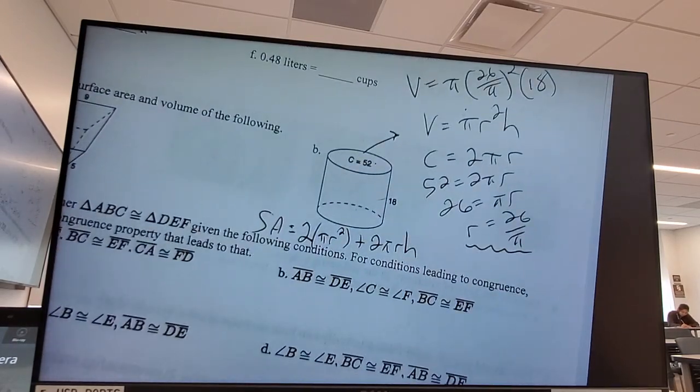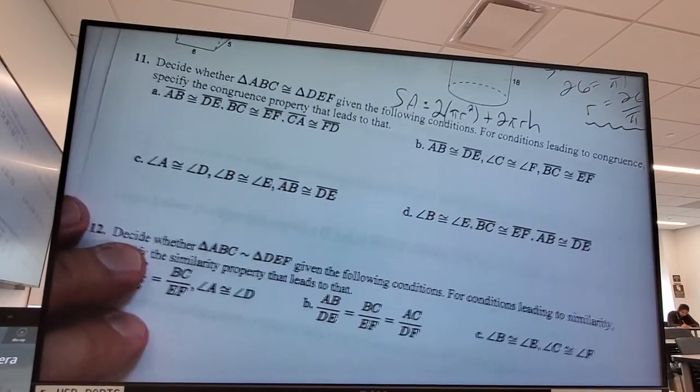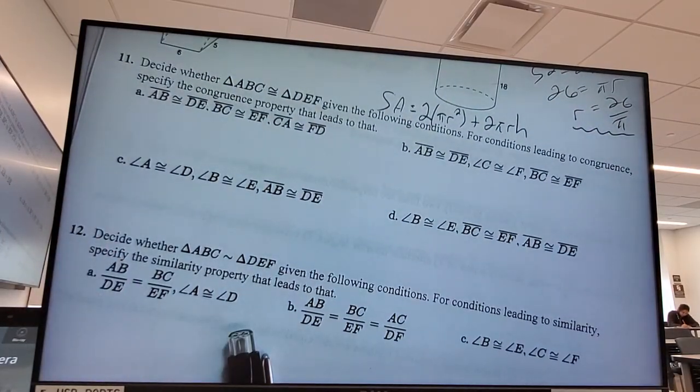And I'm hoping number 11, 12 is not too bad. Let me go ahead and give you guys the answer key so you've got something to look at. Okay, I think I finished it.